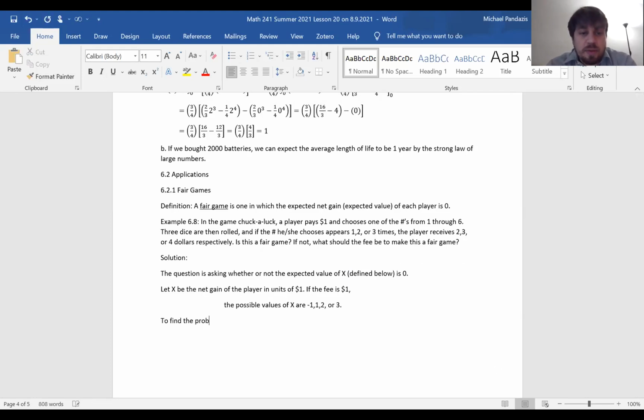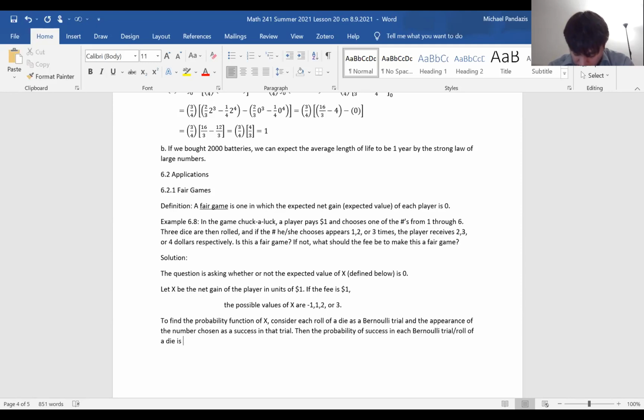Okay, to find the probability function of capital X, consider each roll of a die as a Bernoulli trial, and the appearance of the number chosen as a success in that trial, and the probability of success in each Bernoulli trial, each roll of a die, is 1/6.